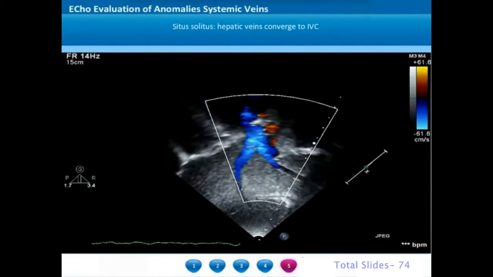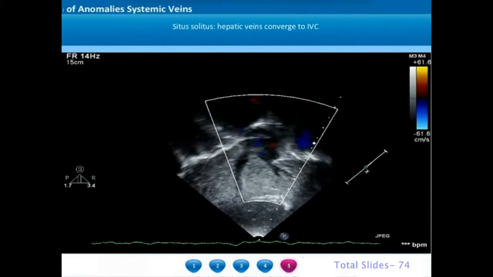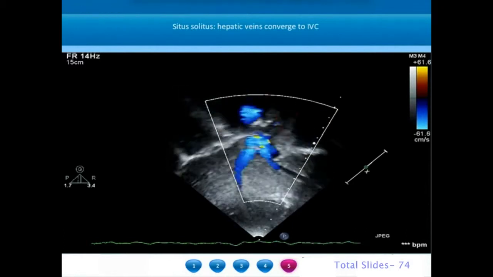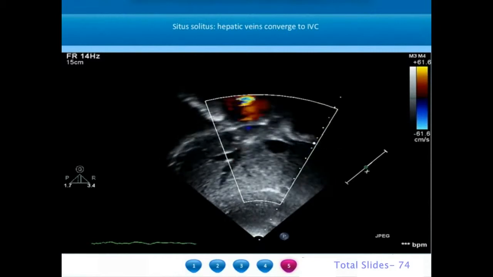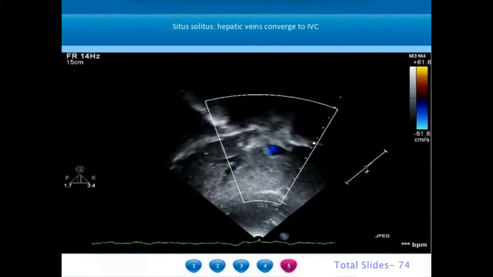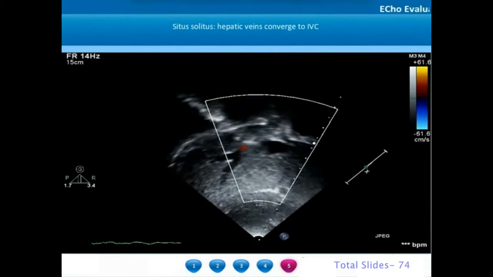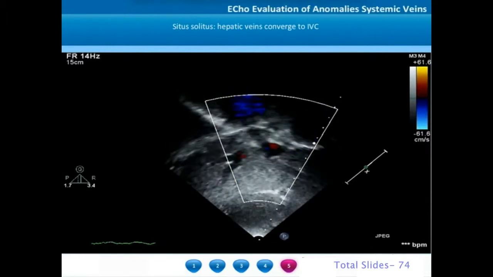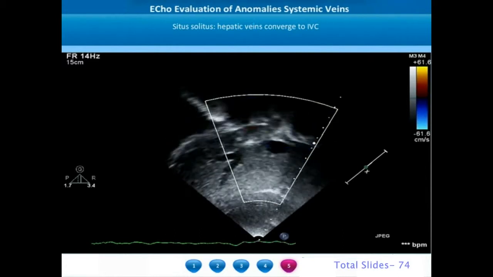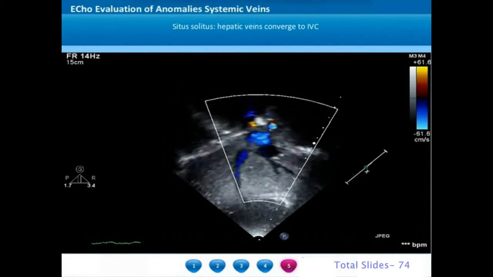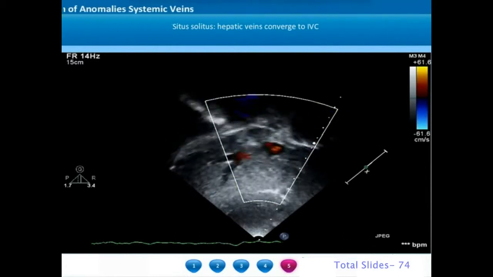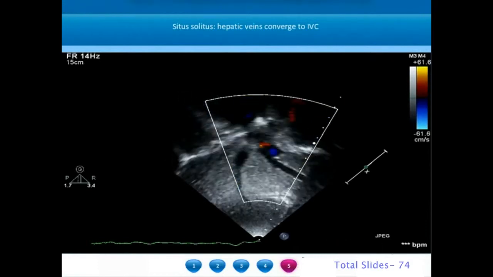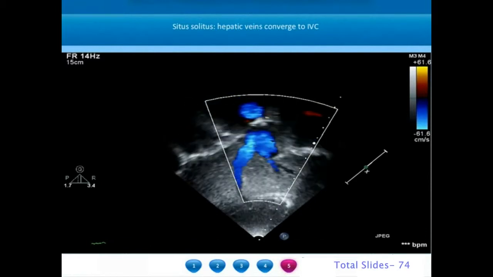Analysis of the systemic veins will start with evaluation of the inferior vena cava. Normally, the hepatic veins converge to the last part of the inferior vena cava before it drains into the right atrium. This can be confirmed from the subxiphoid coronal sweep, where we can appreciate the entry of the hepatic veins into the inferior vena cava.